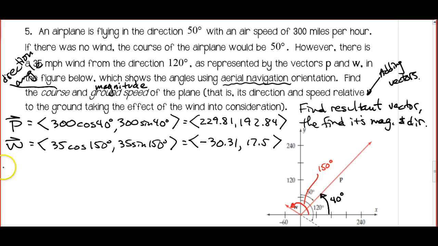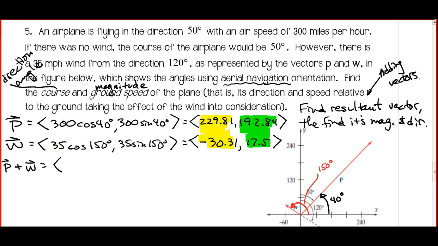So then if I do p plus w, I'm simply going to add these together, and then add these together to get the x and y components of the resultant. Okay, pay particular attention to the vocabulary I'm using. So the resultant is the sum of the component forms of the plane and the wind.